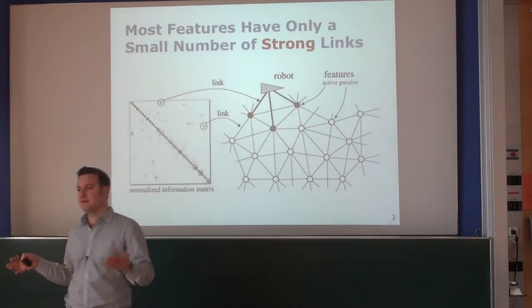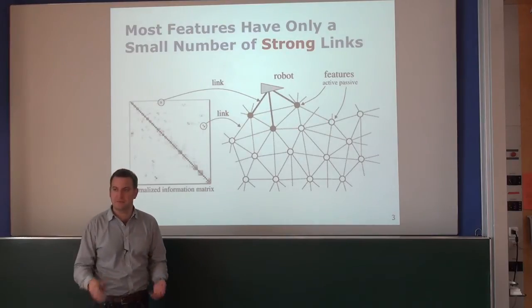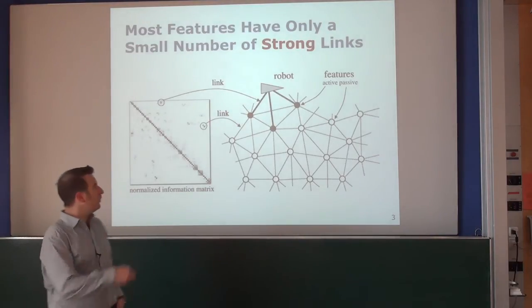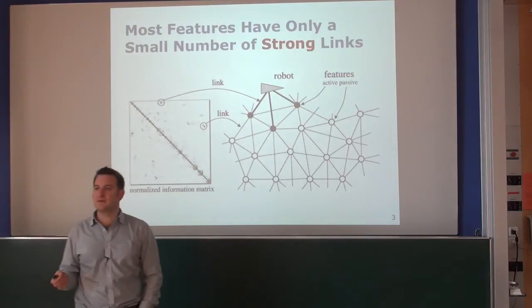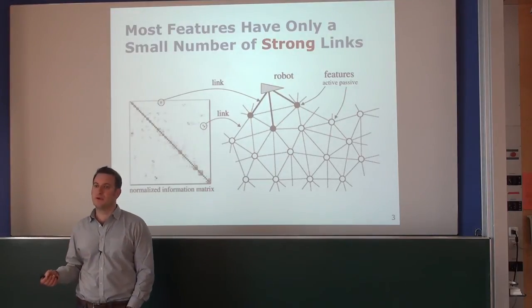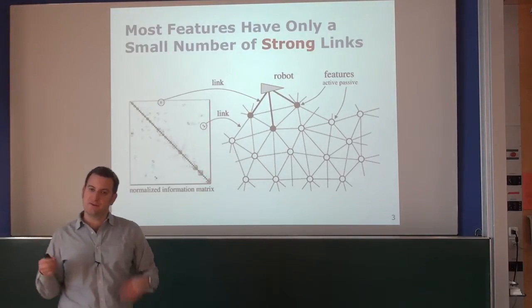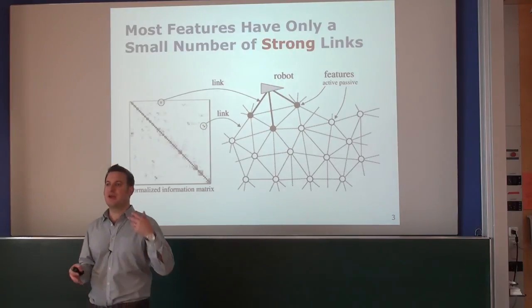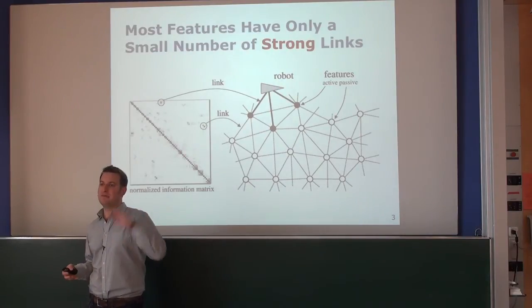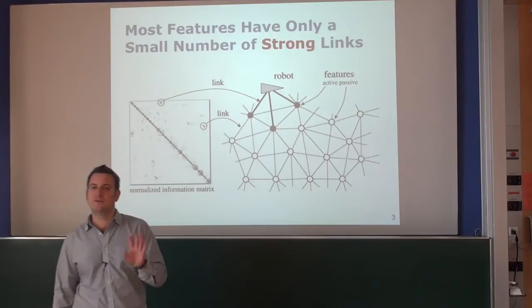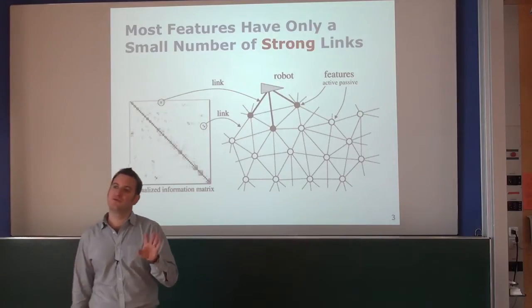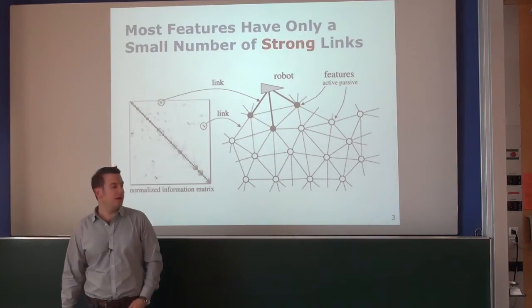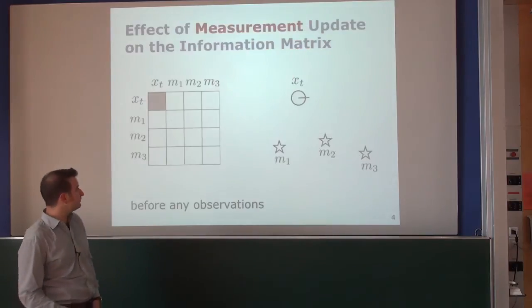And all the other landmarks are so-called passive landmarks or passive features, and we don't maintain direct links between the robot's pose and those features. And there's a third category, which are features which have been active before and then become passive, because those features we have to treat differently, as we will see very soon.